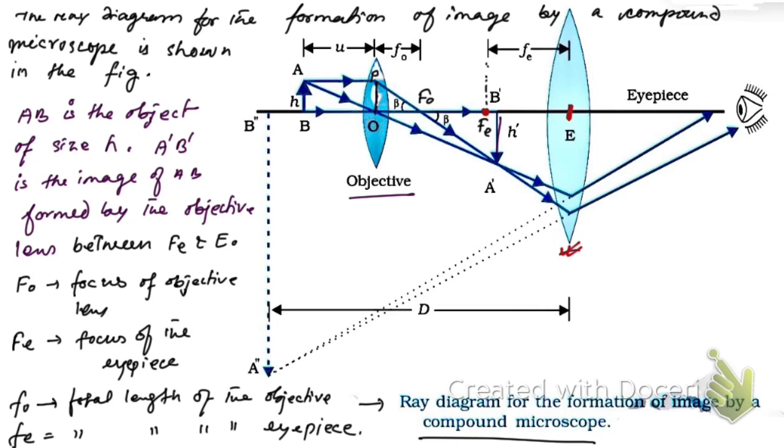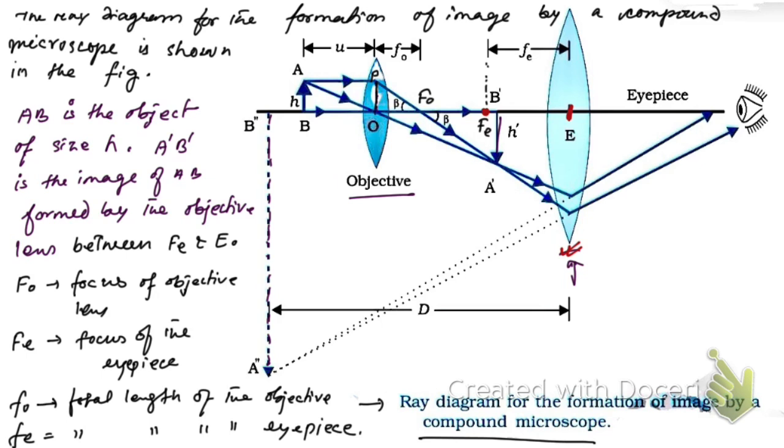Now here you can see this image, A'' B''. You can see this image clearly. This image is formed by the eyepiece. This is the final image.